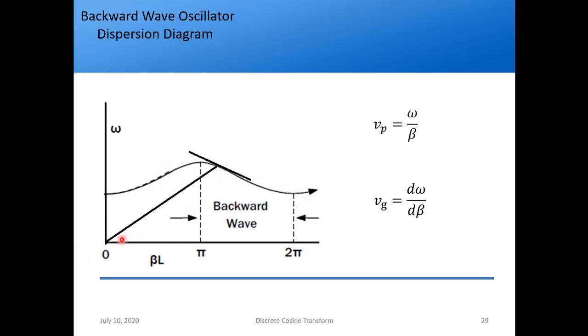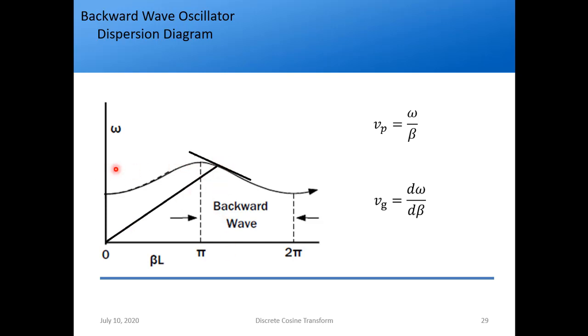If you take a line from the origin to any point on this curve, you will get a positive slope, right? So you are getting a y and an x, and the slope is positive. So this is a positive phase velocity. This slope gives the phase velocity value at this point.